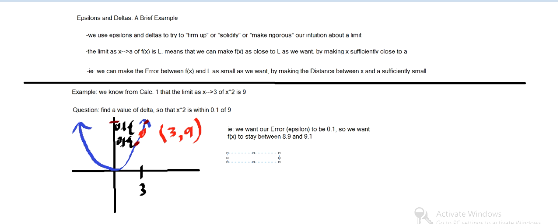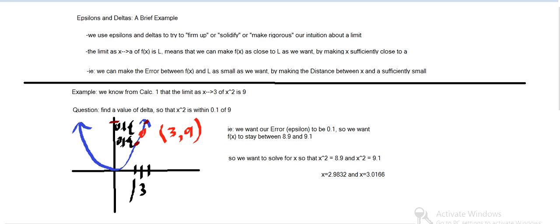So we can solve for x. We're trying to solve for x so that x squared is between 8.9 and 9.1. If we get the x values at those two points, for 8.9 and for 9.1, then when we solve that, we take the square root and get 2.9832 and 3.0166.